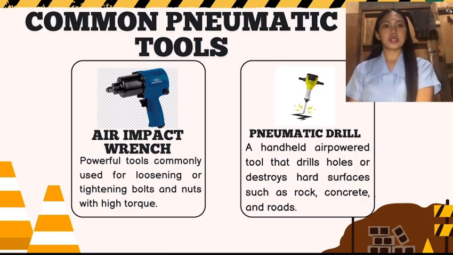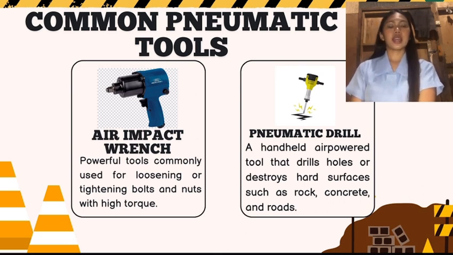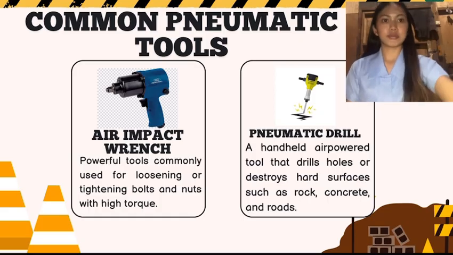Common pneumatic tools. The examples are air impact wrench, a powerful tool commonly used for loosening or tightening bolts and nuts with high torque. Next is pneumatic drill, a handheld air-powered tool that drills holes or destroys hard surfaces such as rock, concrete, and roads.